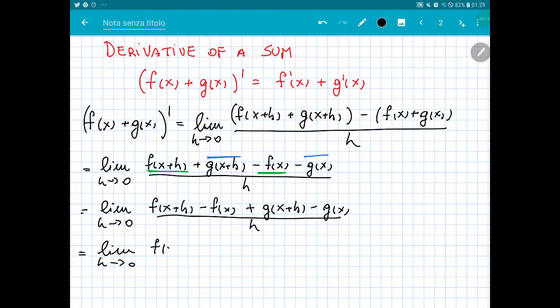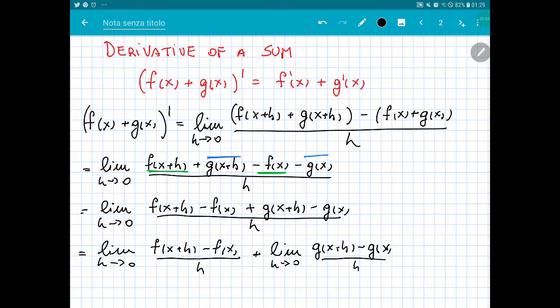So we'll have the limit of f of x plus h minus f of x divided by h, plus the limit as h goes to 0 of g of x plus h minus g of x divided by h. Notice that I also use the fact that the limit of a sum is the sum of the limits.